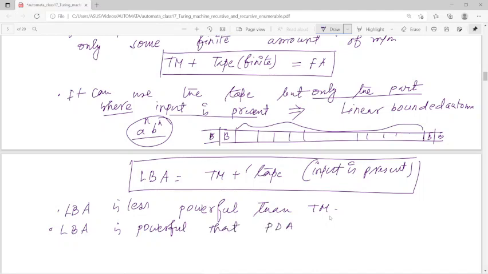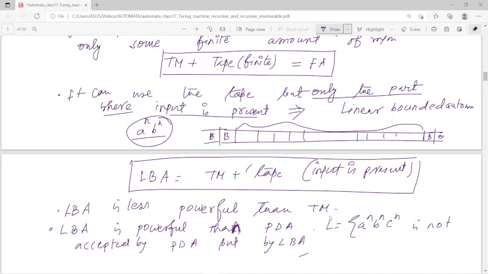It's more powerful than PDA, because this particular language, a to the power n, b to the power n, c to the power n, is not accepted by PDA, but is accepted by LBA.